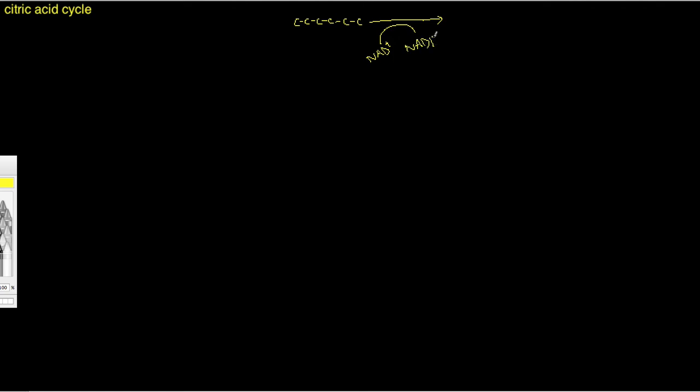Remember, reducing means gaining an electron, and actually there were 2 of these, so we had two.